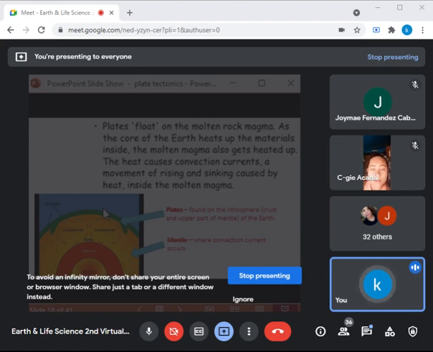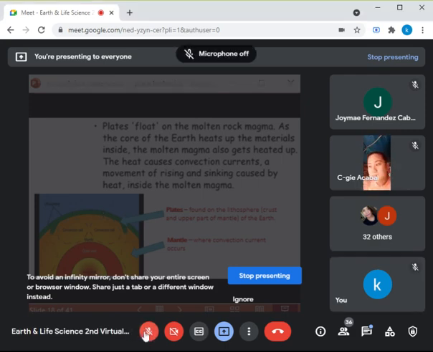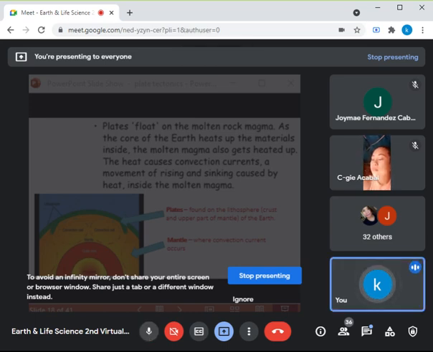Clarissa Cadosale. Clarissa. All right. Who would like to answer this question? Which is hotter, the upper mantle or the lower mantle?